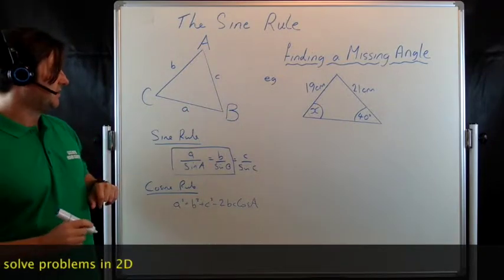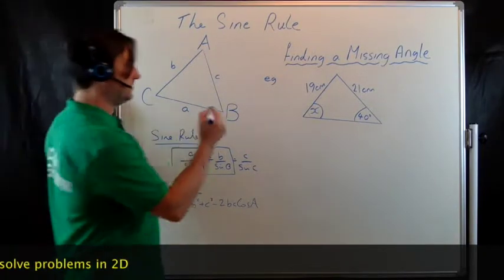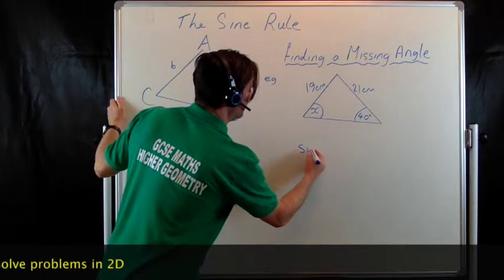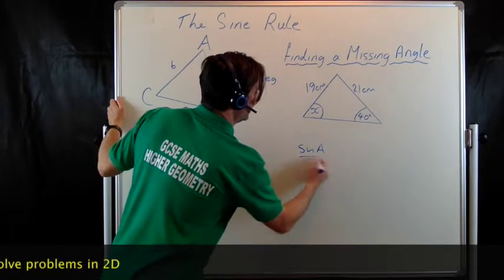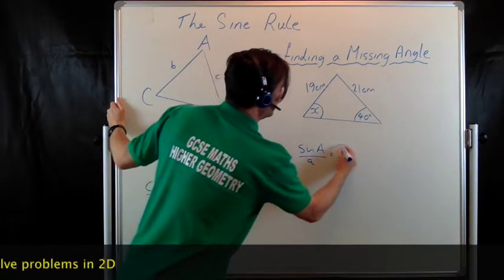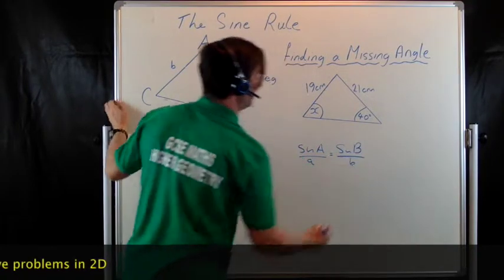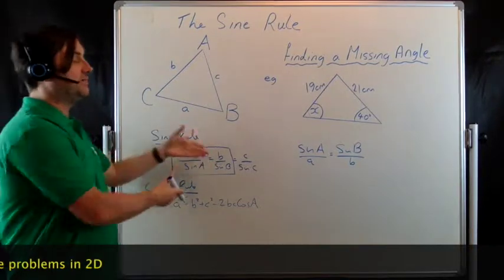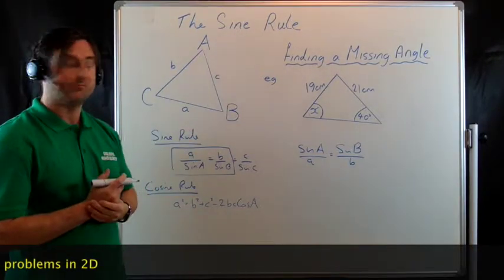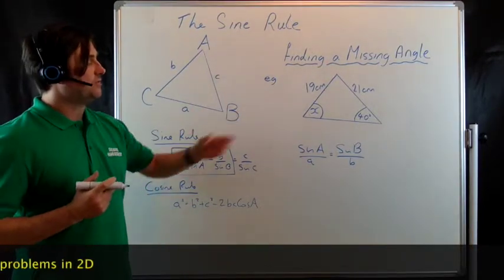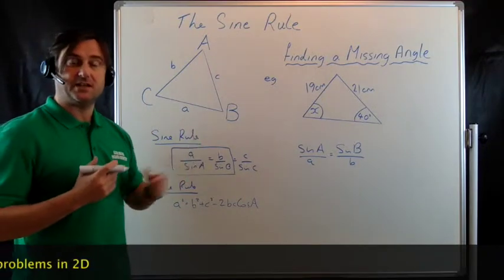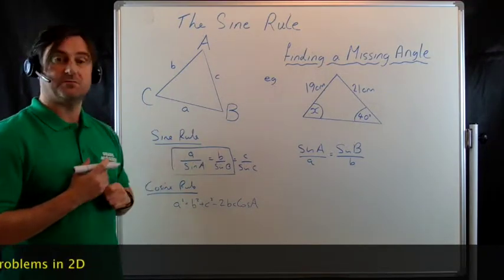So when we're finding a missing angle, we're using sin A over little a is equal to sin B over little b. All that's happened is it's inverted, it's turned upside down. Once you've done that, then it's exactly the same process as when you were finding the missing side.